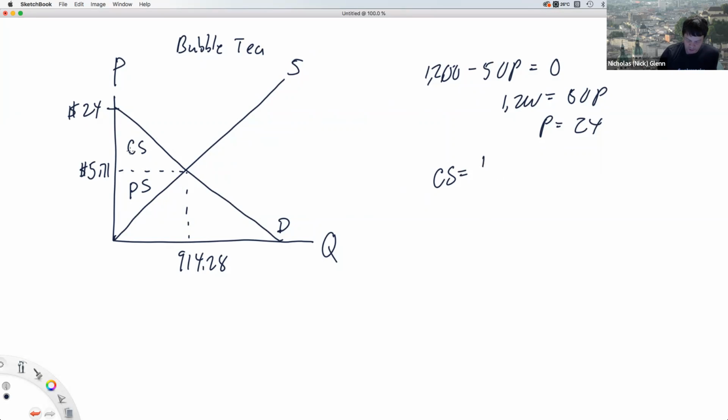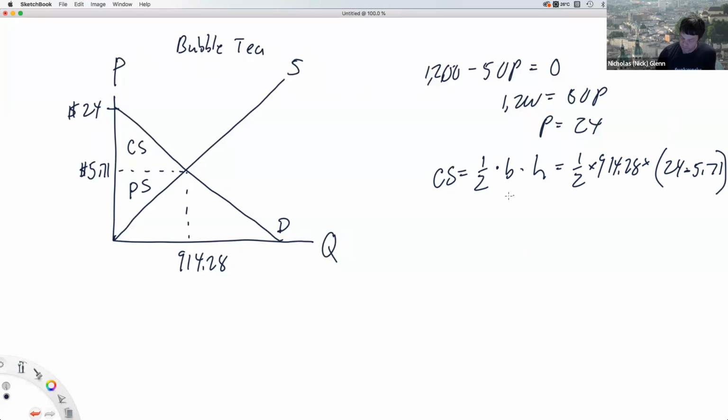Remember, to get what this triangle is, it's just 1/2 times the base times the height. And so what is that? The base is just 914.28. And what is the height? Well, the height is 24 minus 5.71.